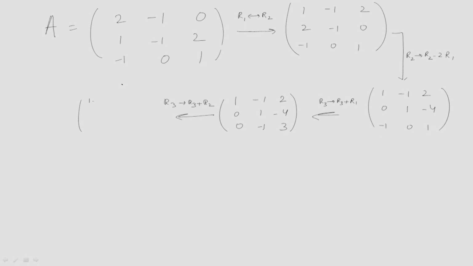So, this will be 1 minus 1 2, 0 1 minus 4, 0 0 minus 1. Now, it is minus 1, you have to make 1 here. So, you multiply by minus 1, you replace R3 by minus R3. So, this is 1 minus 1 2, 0 1 minus 4, 0 0 1.